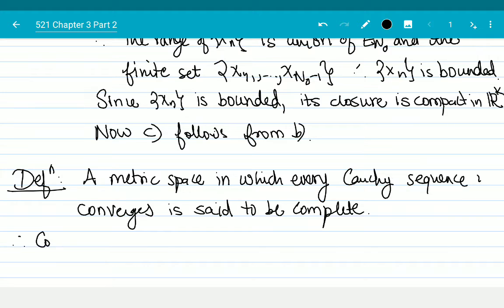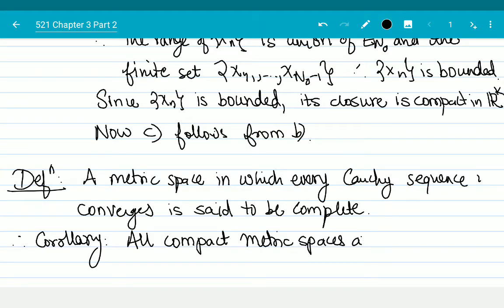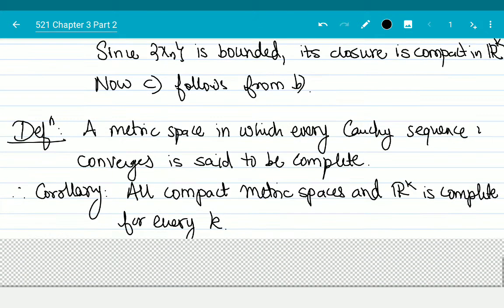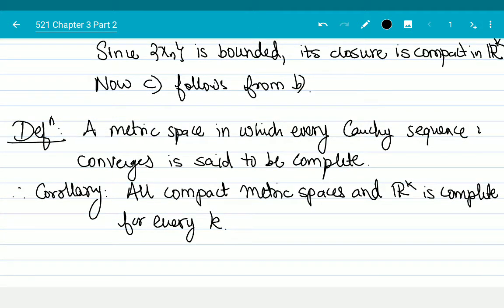Therefore, corollary: all compact metric spaces and R to the k are complete for every k. Okay? An example: Q is not complete.